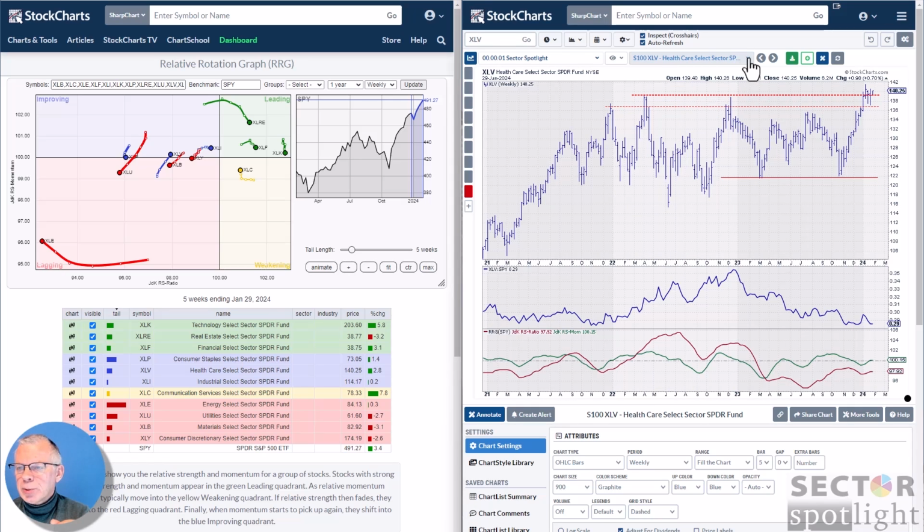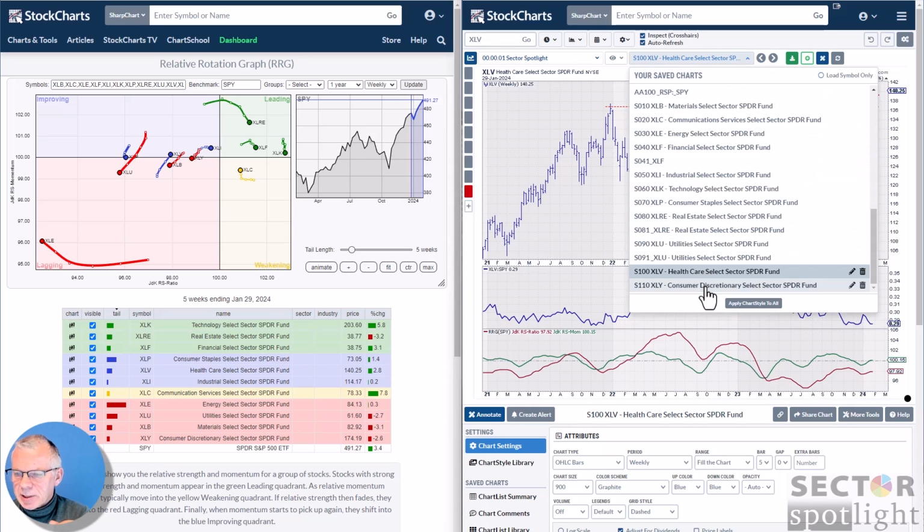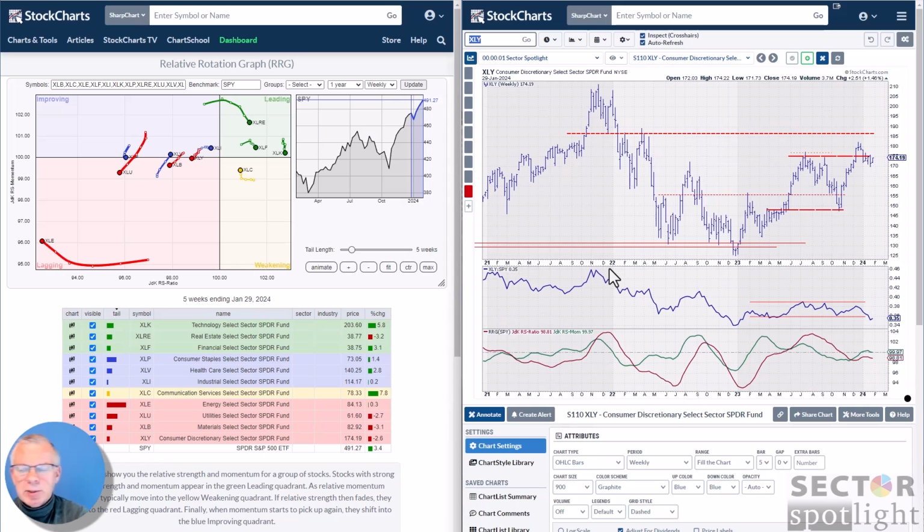And then consumer discretionary, because that is a very important sector. It's a big sector, but obviously there's a lot of pressure there from Tesla on this cap-weighted version of the sector. You can see how XLY is having trouble, didn't manage to hold above its previous high here. It's now breaking support in relative strength, and that's causing the RRG lines to roll over, and that is causing the tail for consumer discretionary to move into the lagging quadrant.